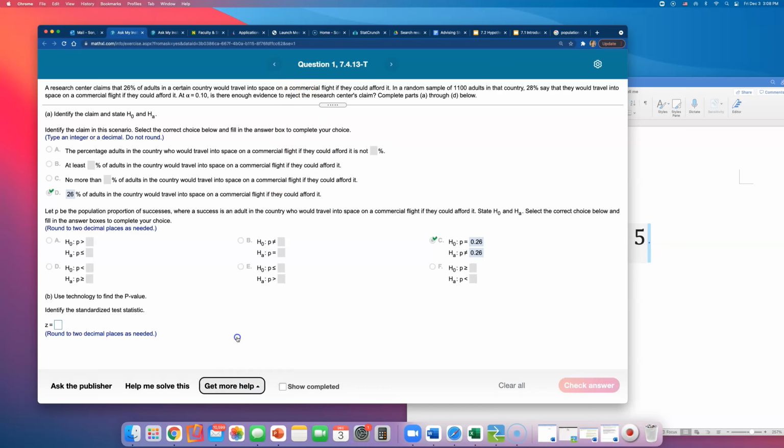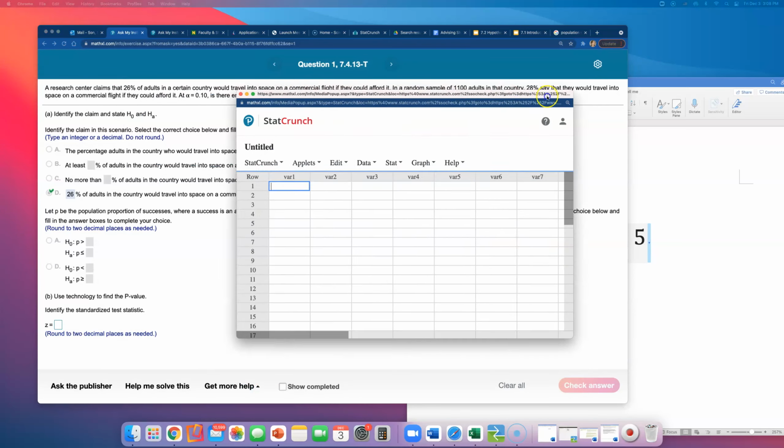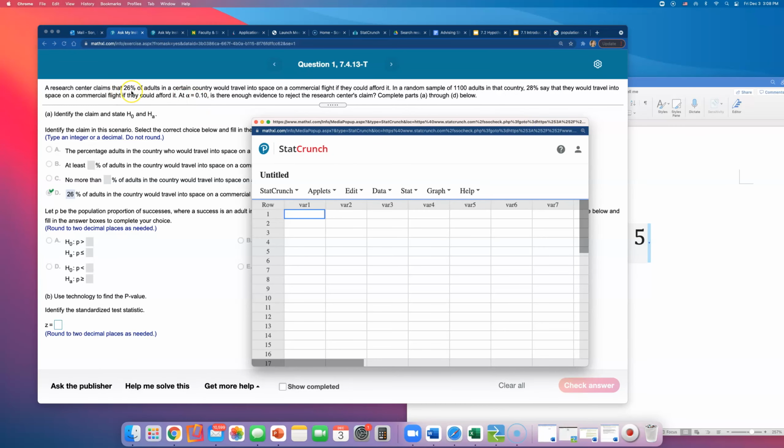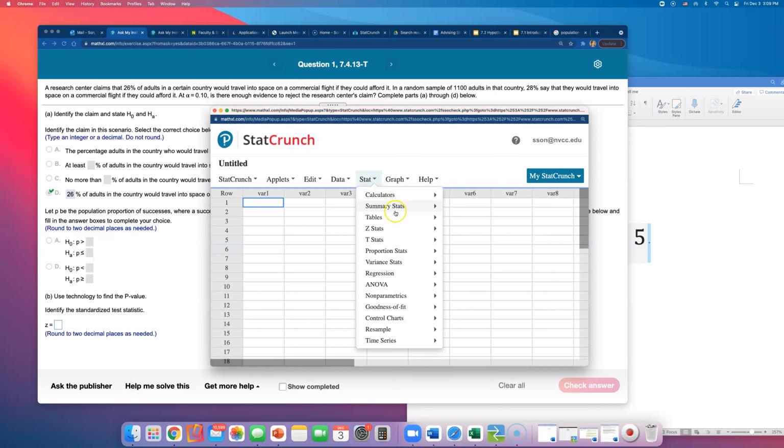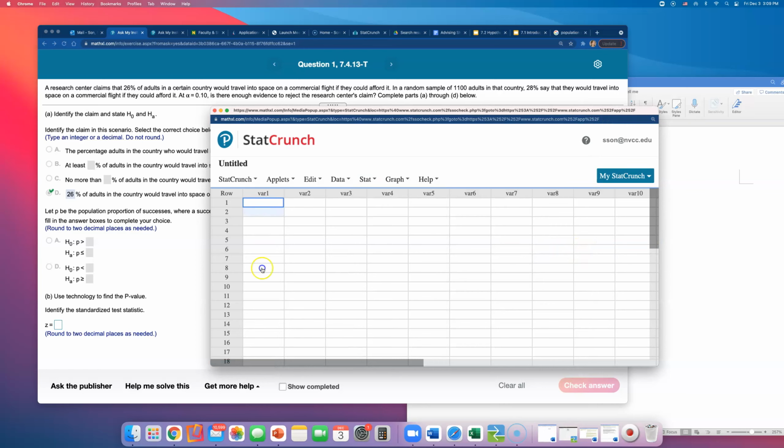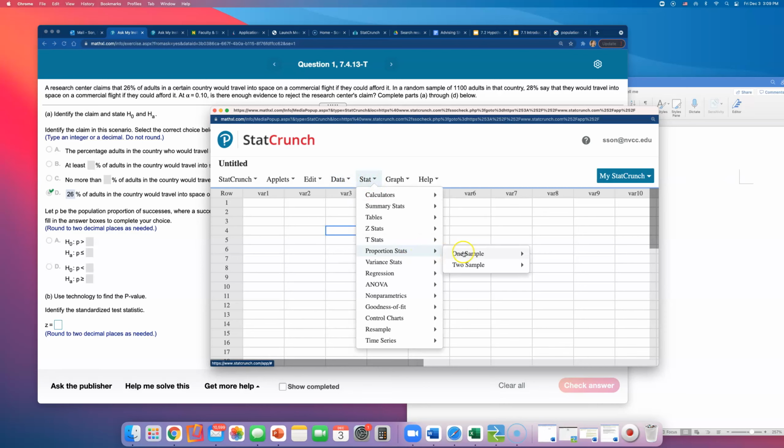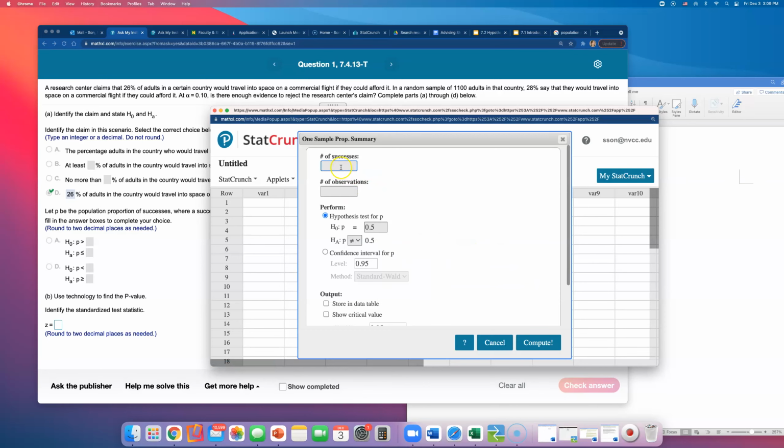For these types, it's easy because you just have to recognize that 26% is a proportion. There is only one option for proportion: Stat, Proportion Stat, One Sample, With Summary. Data is for when we actually have numbers typed in.